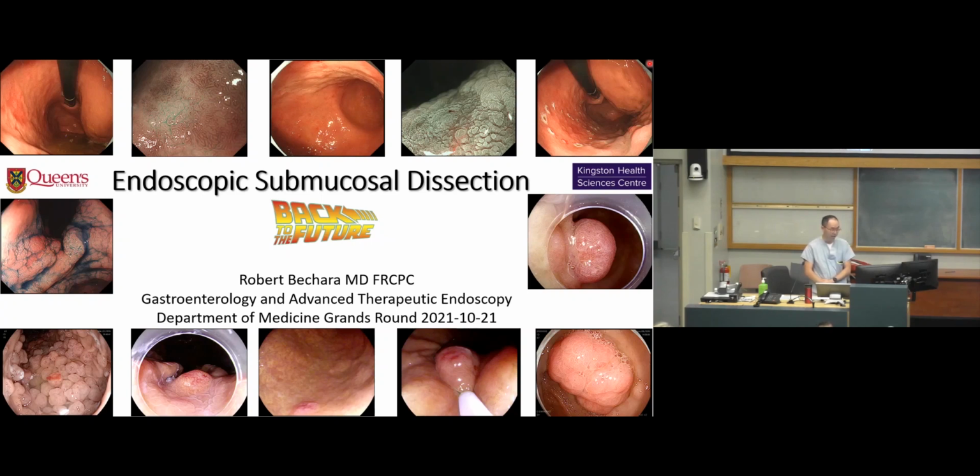And then after that, he went for 1 year to Tokyo, Showa University with Haru Inoue, who's the first person who did per-oral endoscopic myotomy in the world. And so since then, he's come back and joined faculty at Queen's University. And he's going to speak to us today about endoscopic submucosal dissection. It's back to the future. Looking forward to a good talk.